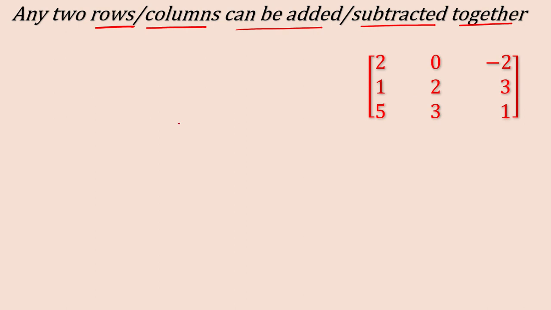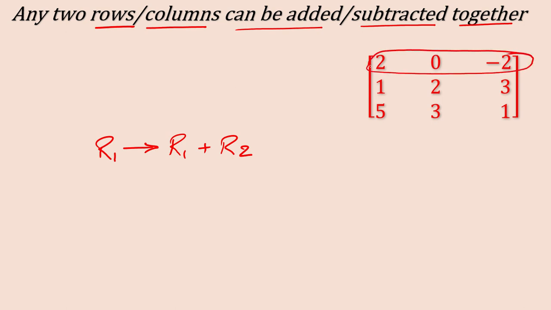Corresponding elements of these two rows or columns will be added or subtracted together. For example, here you apply the operation R1 replaced by R1 plus R2. In the previous lessons I have told you this is R1, this is R2, and this is R3.